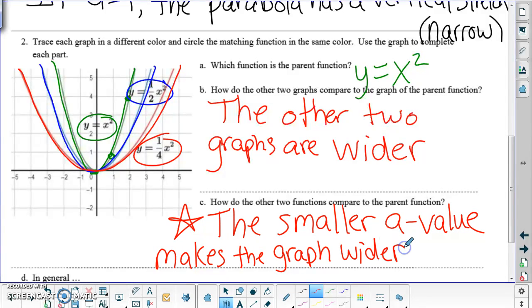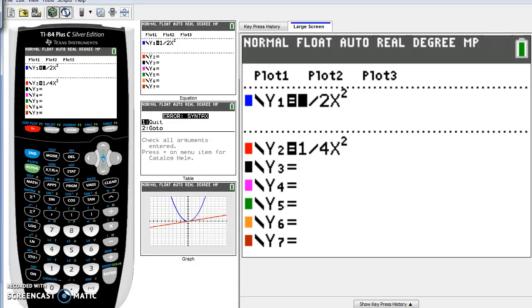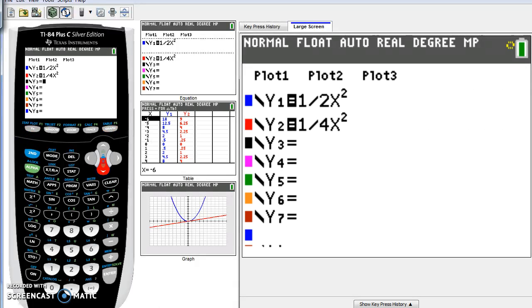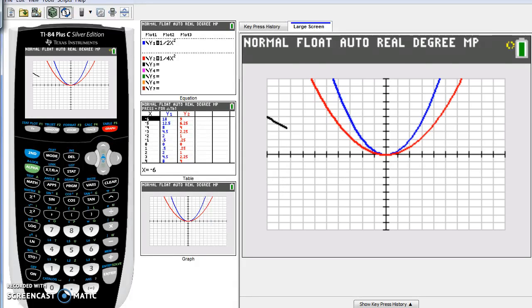A fraction like 1/20 x squared, if I wanted to graph that, that's going to be the widest one. So the smaller the number, and it has to be a fraction, the wider the parabola will get.